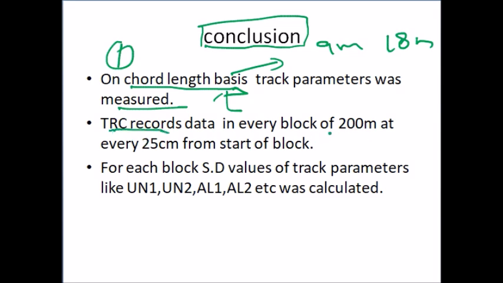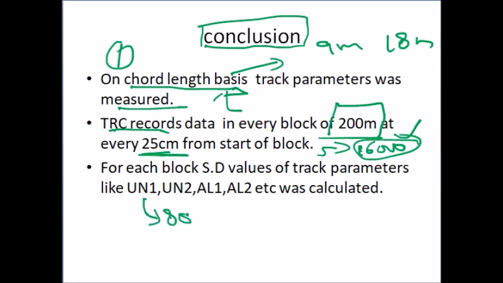Next, TRC records data in each block of length 200 meters at every 25 centimeters. In each block you are getting approximately 16,000 readings.